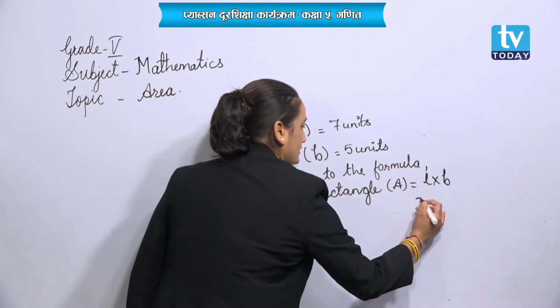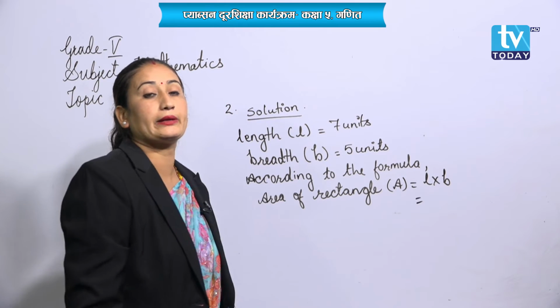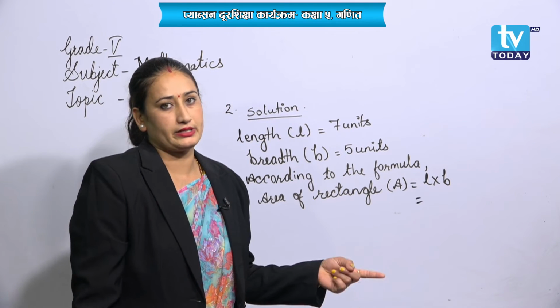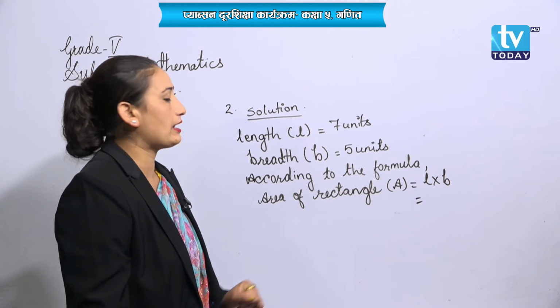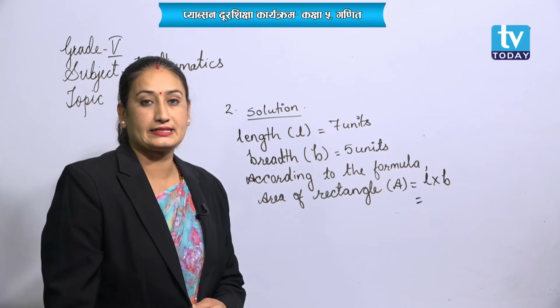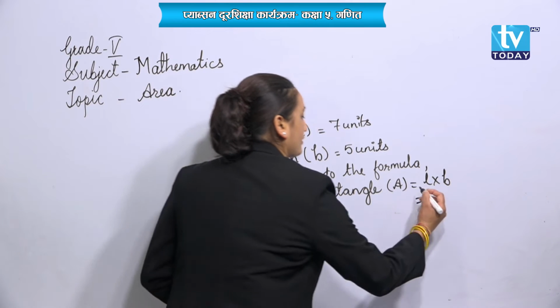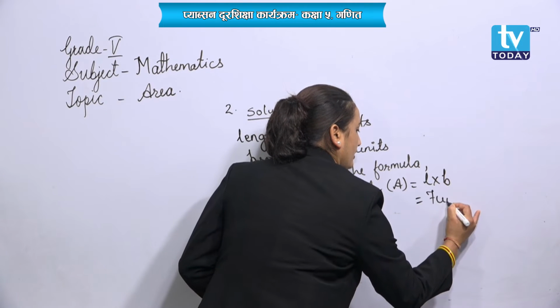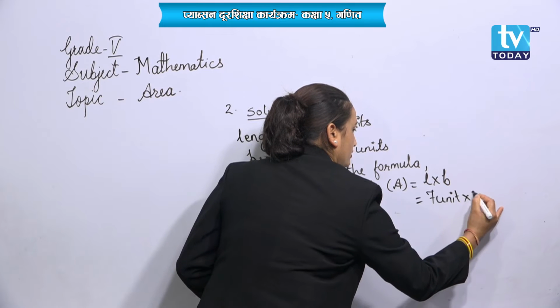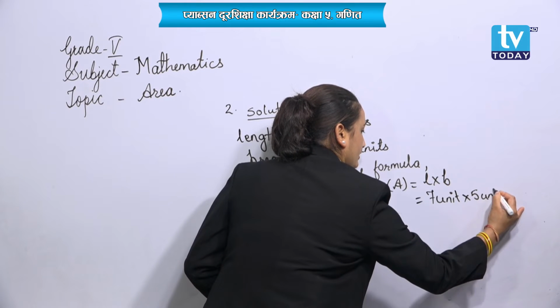So let's substitute the value in place of L and in place of B. What is the value of L over here? It's 7 units. So please write down here 7 units into 5 units.